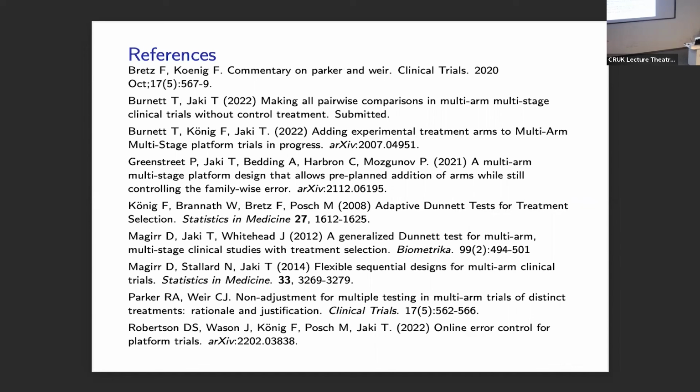As I said, unless you have combinations or changes in doses or something like that, I think the assumption of independence is probably okay in many cases. But the decision to add something might depend on what you found already in the past, and that poses some interesting questions.